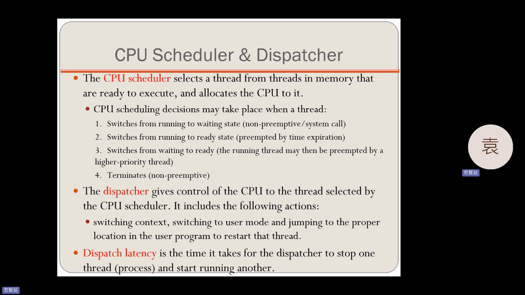The objective of the dispatcher is to make this selected thread be executed by the CPU. To do that, we first need to do context switching: restore the context of this selected thread back to its previously suspended state.